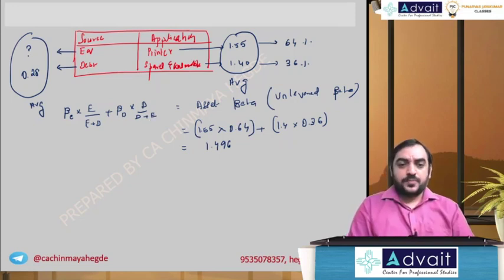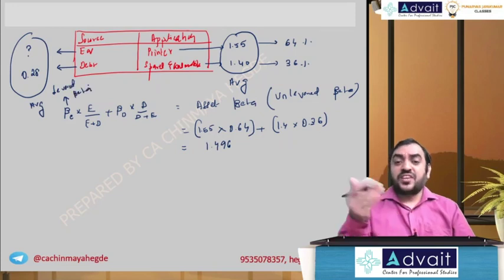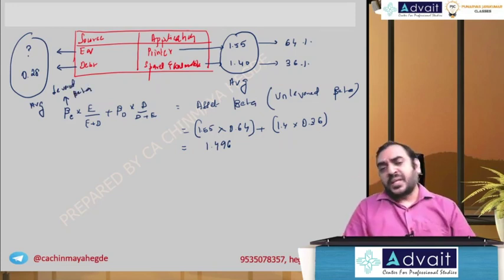It is a weighted average, and this equity beta is also called the levered beta, because it is after considering the risk. And one more point, keep it in mind.